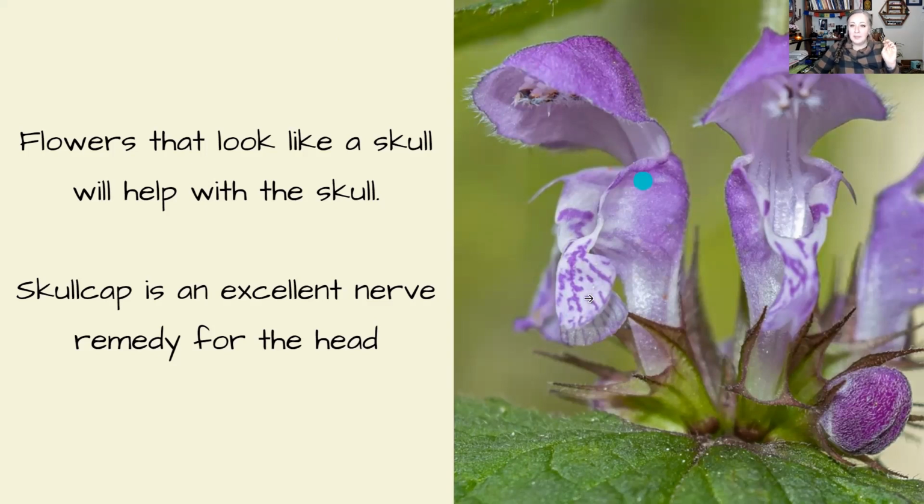It looks like a person with their arms down and almost like a helmet, or kind of like a cloak, right? And here's the little head. Skullcap is an excellent nerve remedy for headaches. And if you look a little bit closer at these little fibers that are all over, they remind me of little nerve fibers. That's another signature.